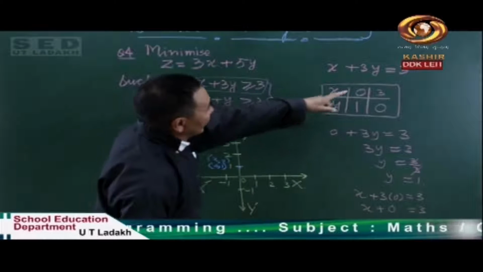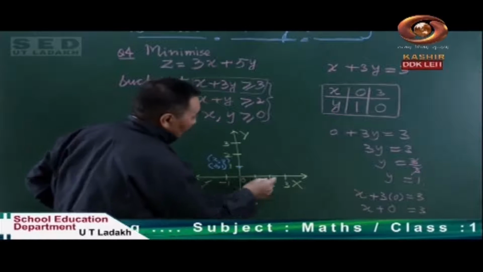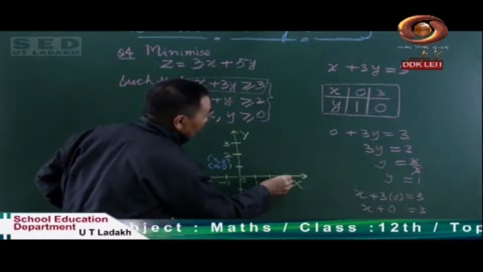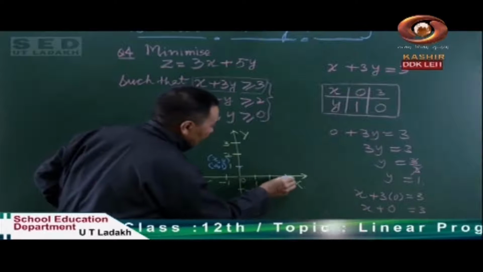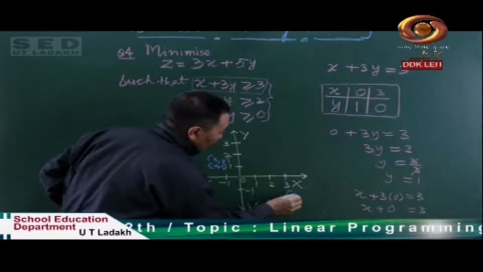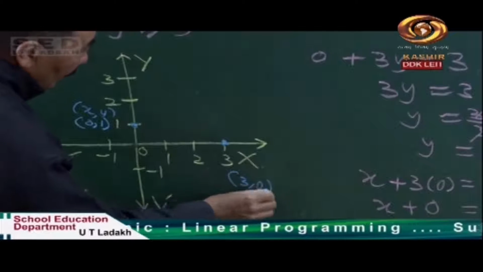If we plot the second point, x equal to 3, y is not moving upward or downward. So this will be the point 3, 0.